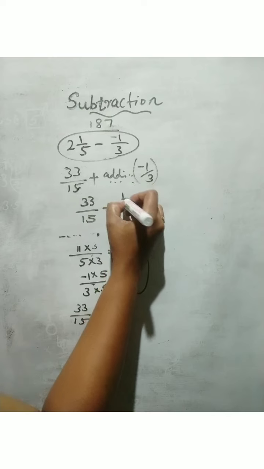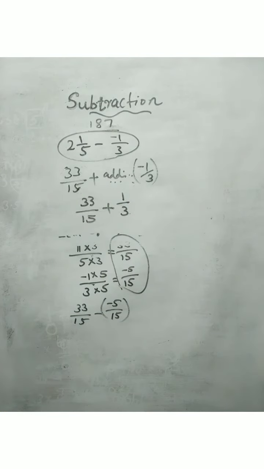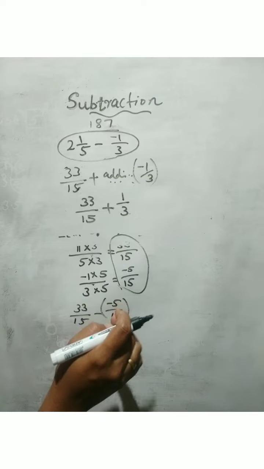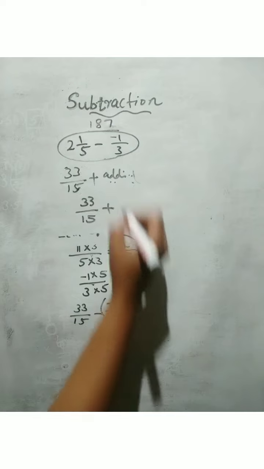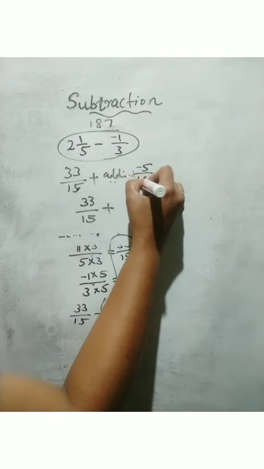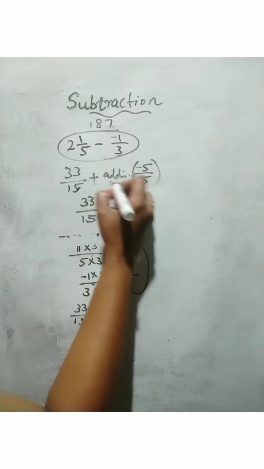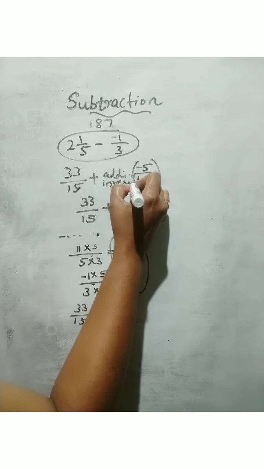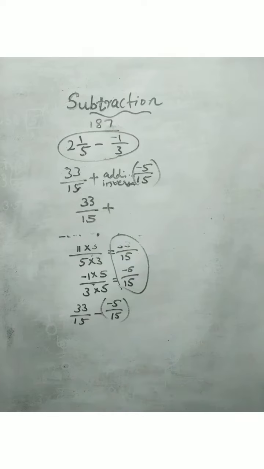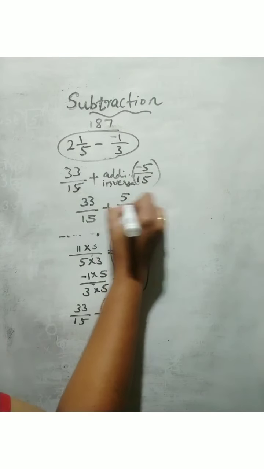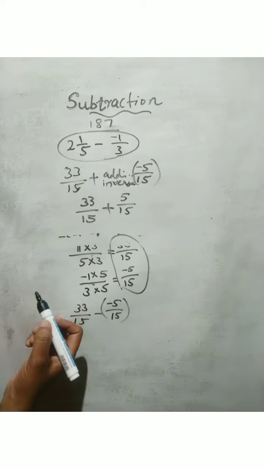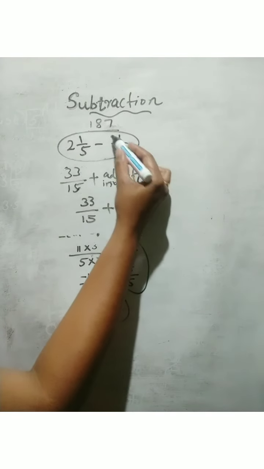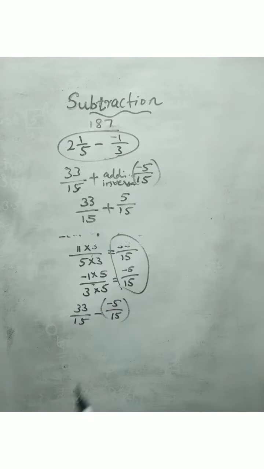But the new rational number is negative 5 on 15, so the additive inverse of negative 5 on 15 will be positive 5 on 15. 1 on 3 was the old one; we converted that into 15 as the denominator now. So that was wrong. Instead of negative 1 on 3, we have to write negative 5 on 15.